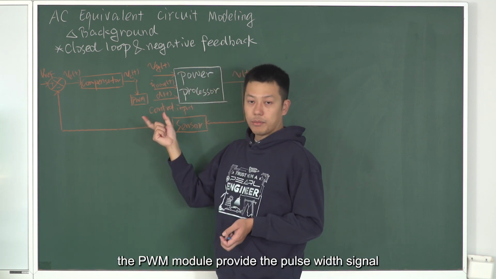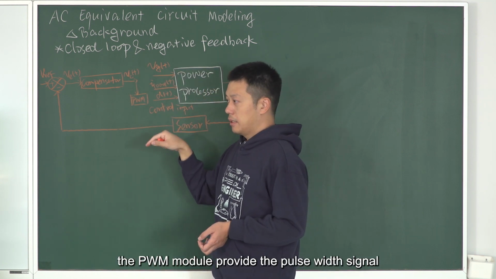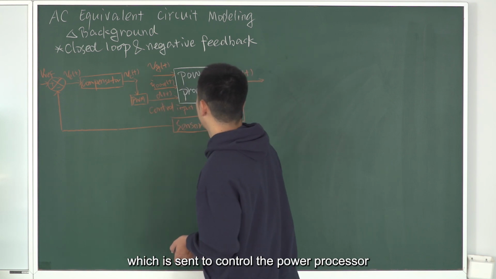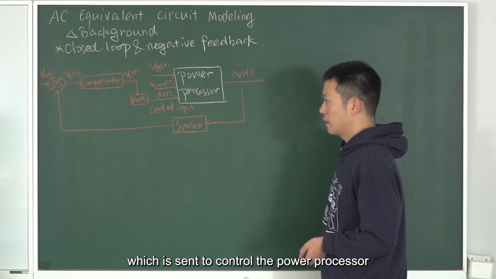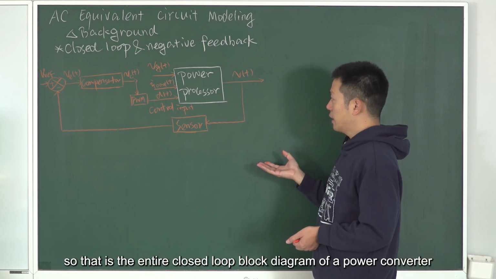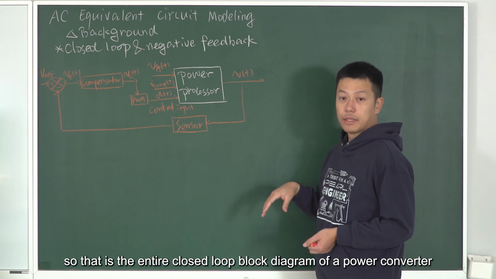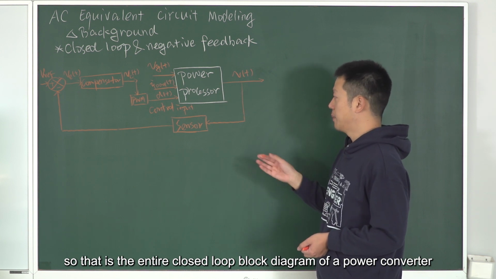The PWM module provides the pulse width signal, which is sent to control the power processor. So that is the entire closed loop block diagram of a power converter.